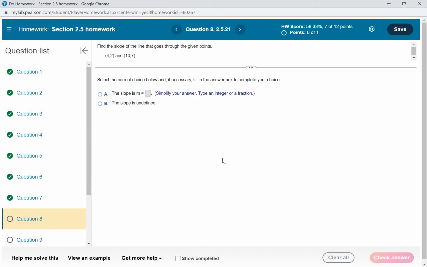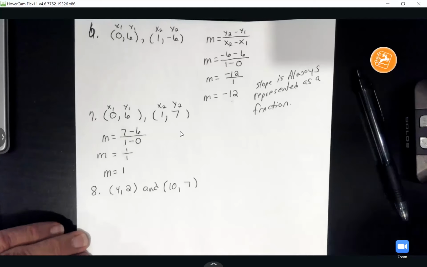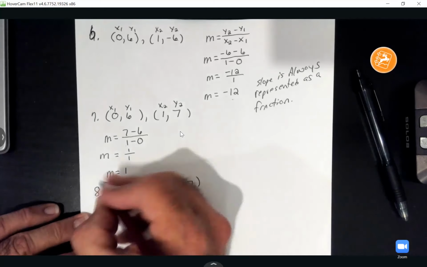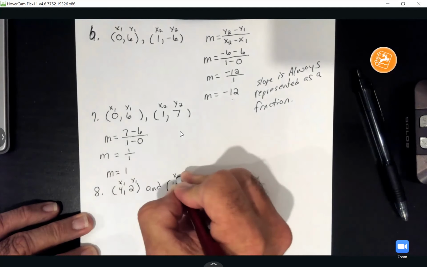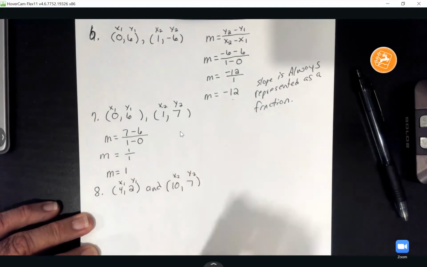Now notice number 8, they're actually giving us the points. They're giving us a 4, 2 and a 10, 7. So we would go work that out and come back and put our slope in. All right, so I would make this x1, y1, and then x2, y2.